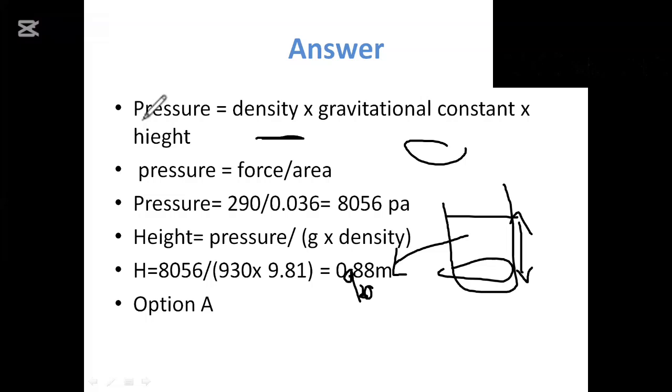Then we would use the above equation, pressure is equal to h rho g, to calculate the height. If you rearrange in terms of height, height is equal to pressure divided by g into density.